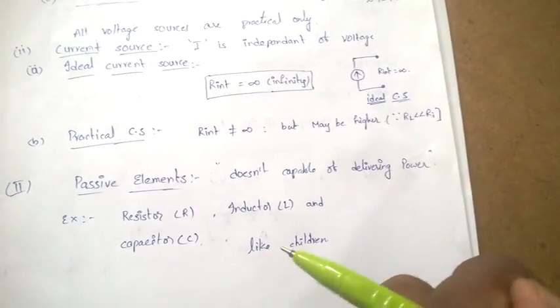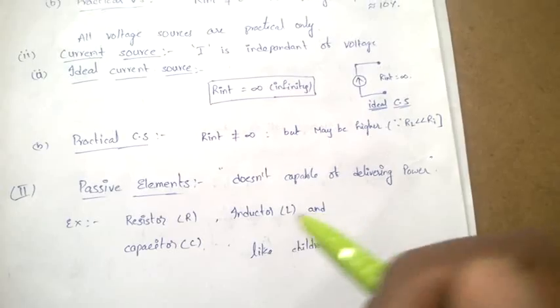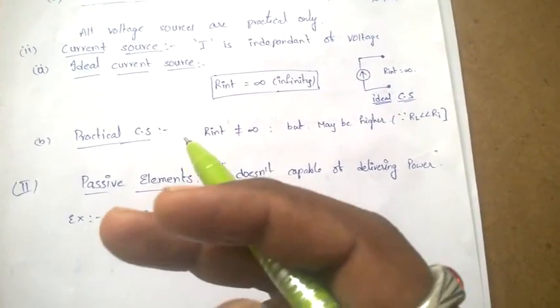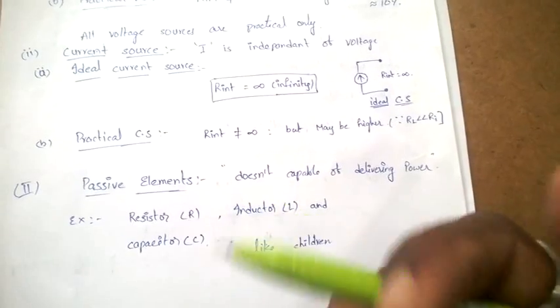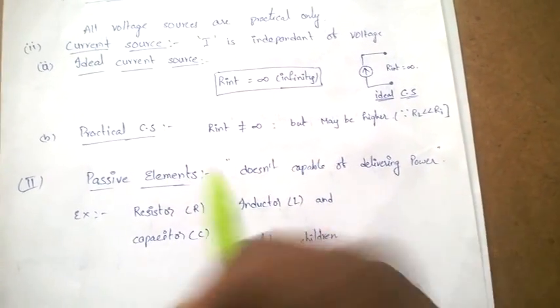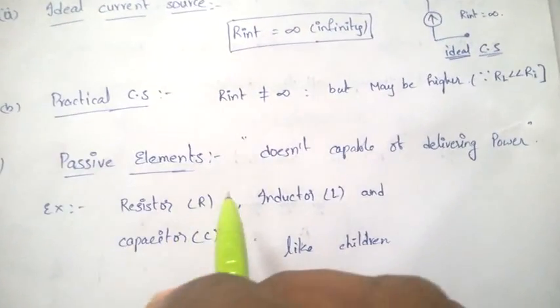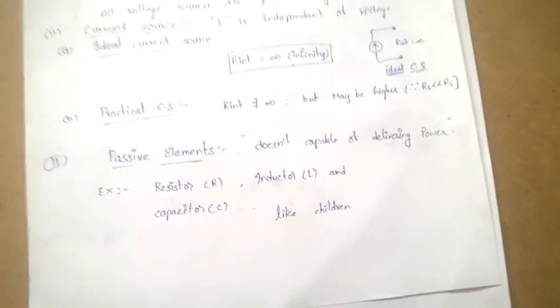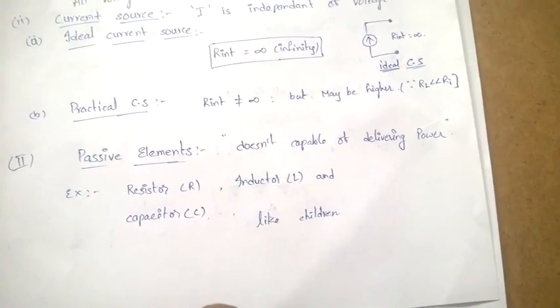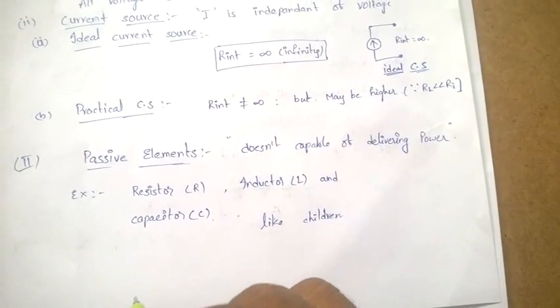Nothing but children in a family. Fathers, mothers, or parents are active elements, and children are like passive elements. The passive elements are resistor, inductor and capacitor.